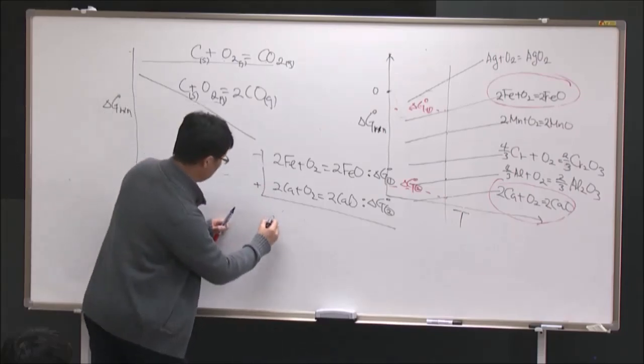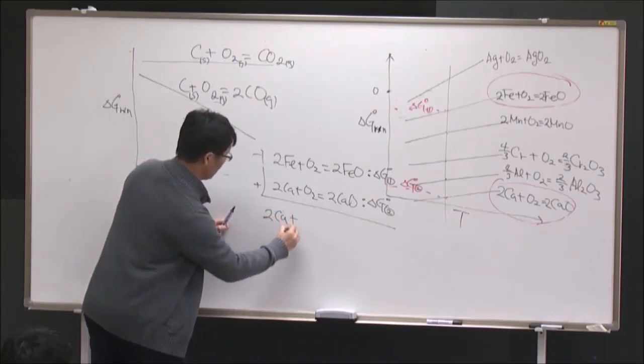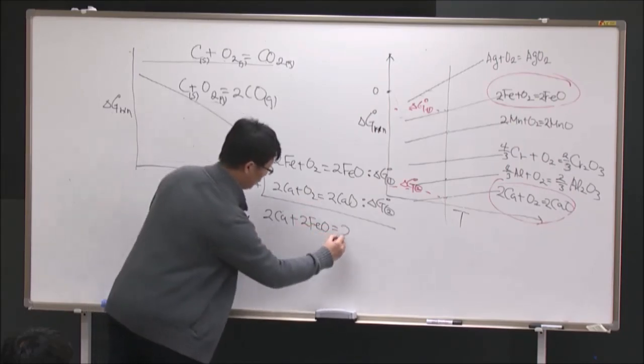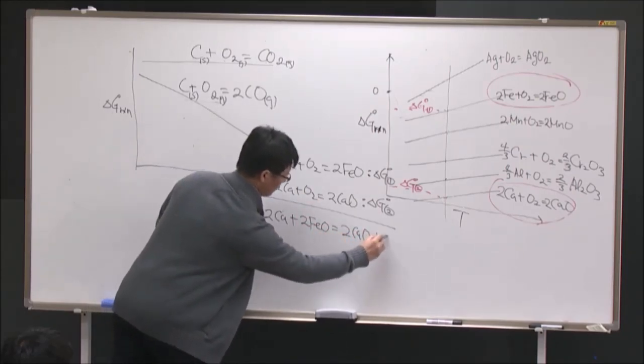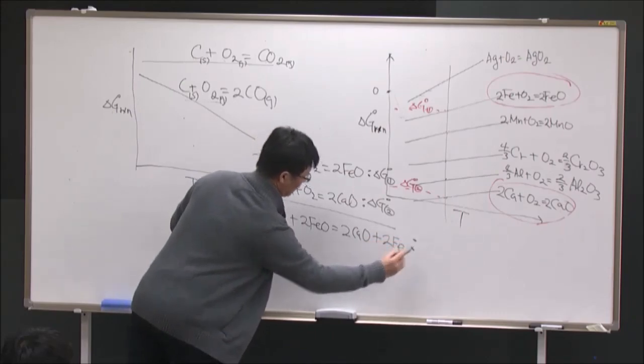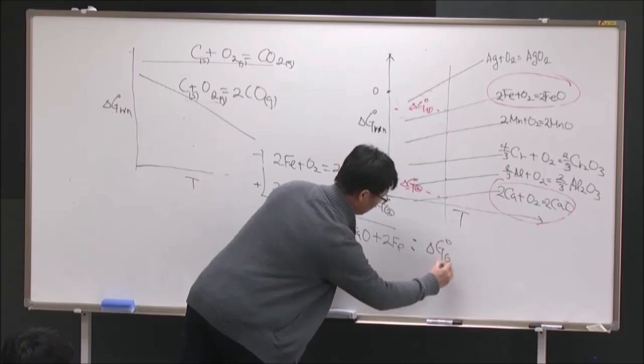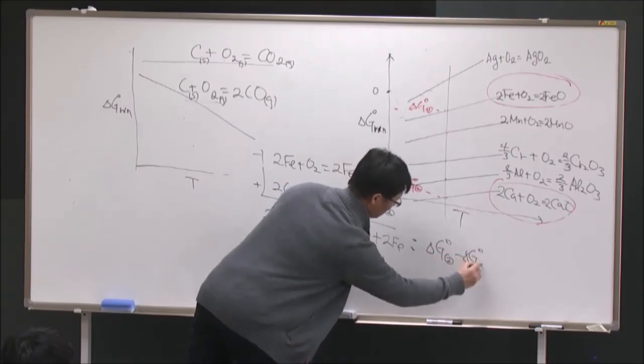Then this will be 2 calcium plus 2 FeO equal to 2 calcium oxide plus 2 Fe, and the delta G naught of this reaction is delta G naught 2 minus delta G naught 1.